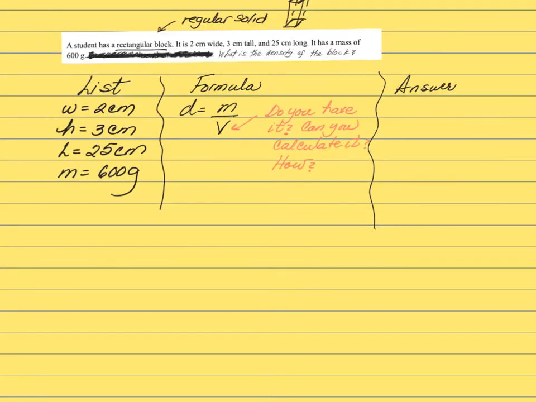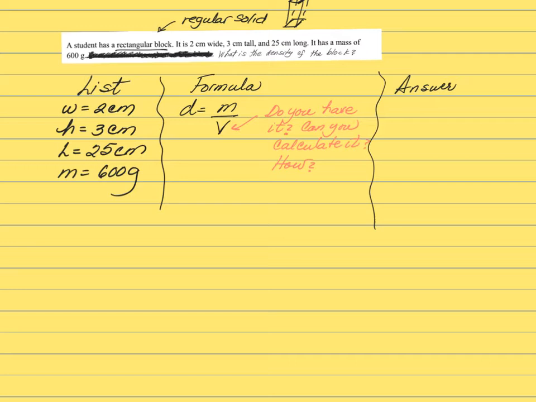Oh, Ms. Ramos, what is happening here? We have the mass of this rectangular block, but we don't have the volume. We have the width, the height, and the length, but we don't have the volume. So I'm going to do the same: record all my information on my list. I have to calculate the density.